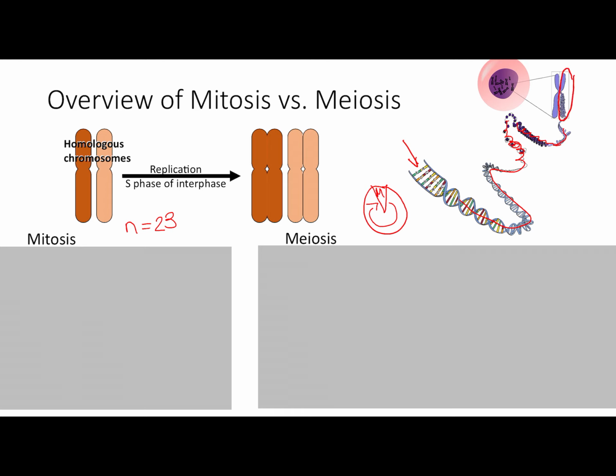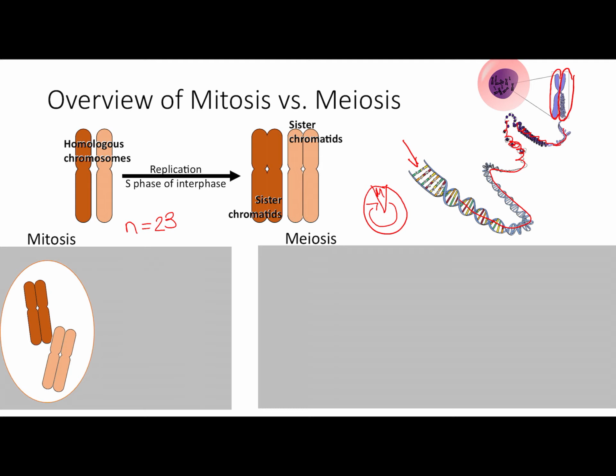So by the time you are done with replication, you have made 2 chromatids, or sister chromatids, which are identical to each other. So sister chromatids have all the same genes and all the same alleles. Homologous chromosomes, shown in the darker and the lighter orange color, are going to be same genes, for example, A, B, C, and D, but maybe different versions of each gene, or different versions, which we would then call alleles.